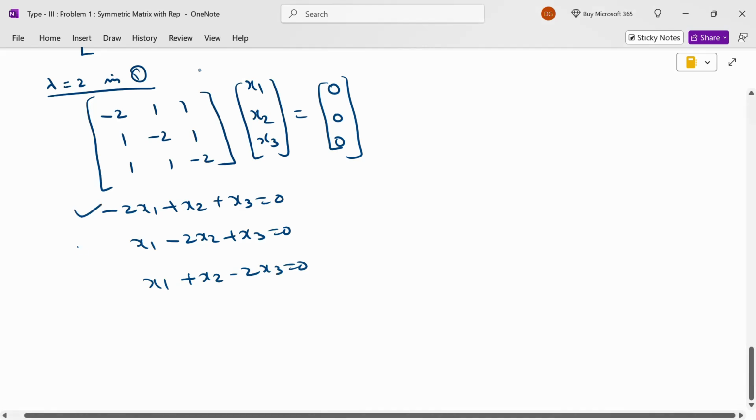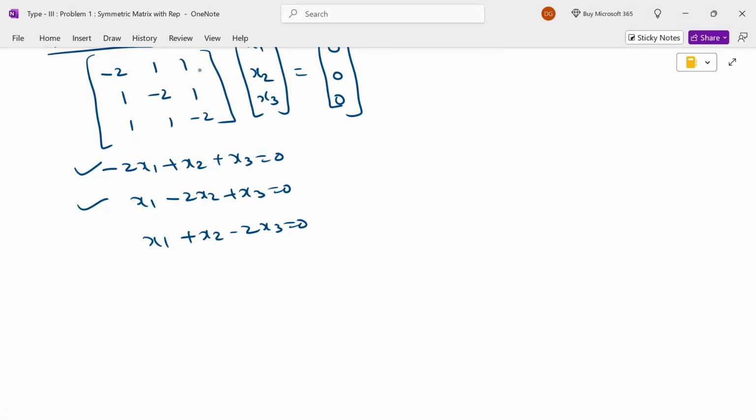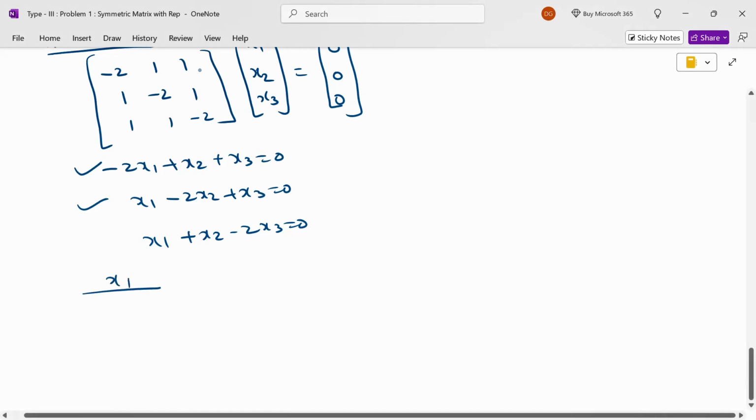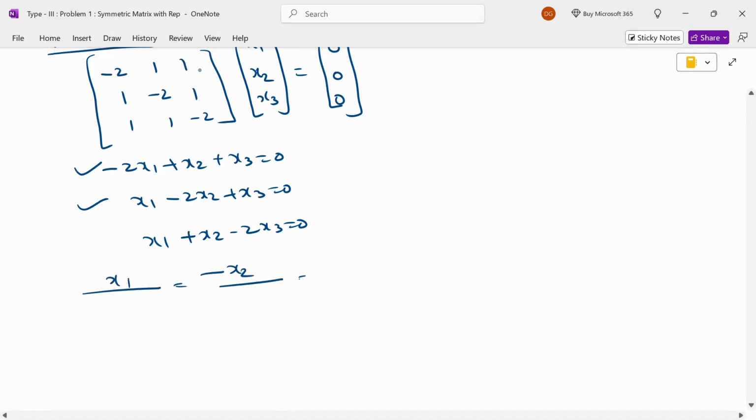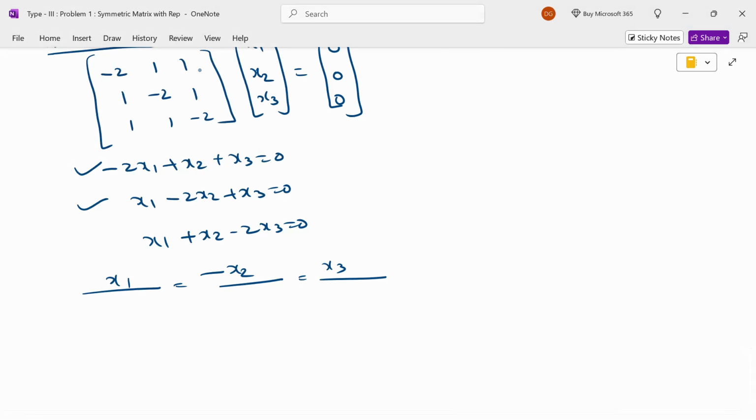Now you choose any two. Please don't take similar equations. If you take similar equations, the answer will be 0, 0, 0. So therefore x1 by, minus x2 by, x3. This is the form of writing: plus, minus, plus. Don't get confused here. x1, plus x2, minus x3, plus.